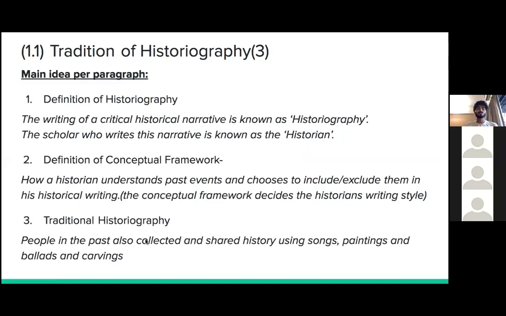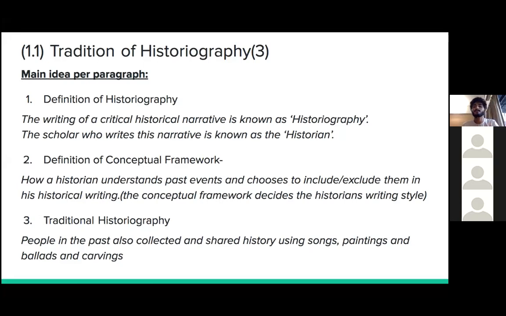Yeah, the last thing we need to understand is what was traditional historiography, right? So before we could read and write, people still wanted to know about history, right? So at that time, what they used to do, they used to make songs. So in your textbook, you'll see the word ballads, you'll see paintings, right?